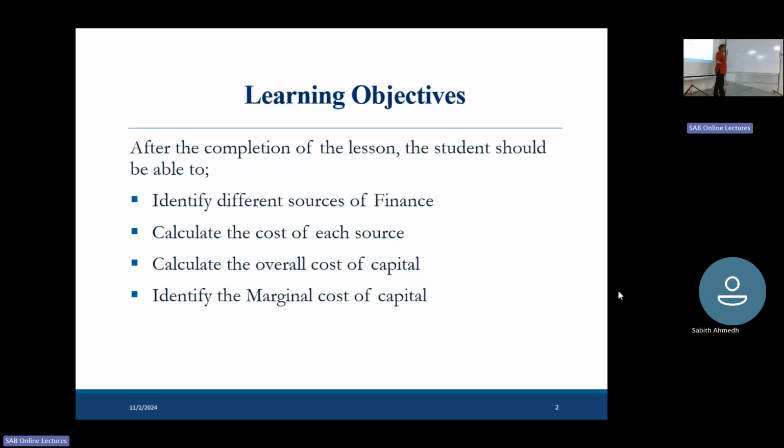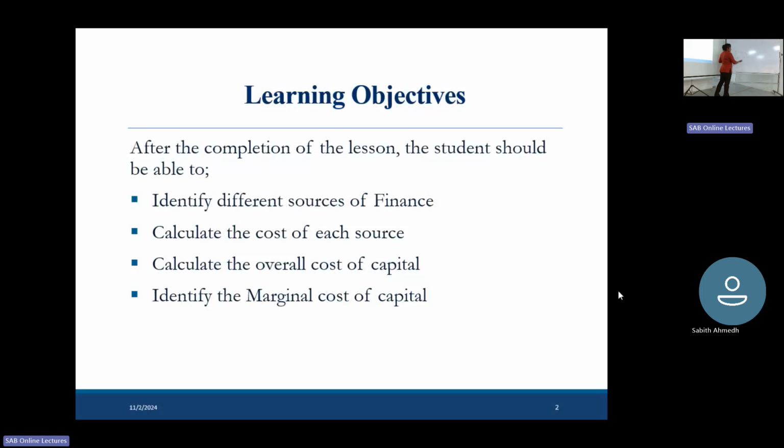So what is this marginal cost of capital? If you are raising 100,000 and 1 rupee, if you are increasing this 100,000 by 1 rupee, what is the relevant cost? That is the marginal cost of capital. This is our existing total capital, but this is not sufficient. When the investments are coming, you have to raise additional capital.